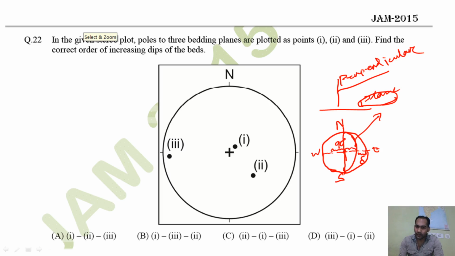So you have to take a 90 degree measurement. Here you will get a point, and this point is known as the pole. This point will be the pole of this plane. So if this is the plane, the pole will be here, right?